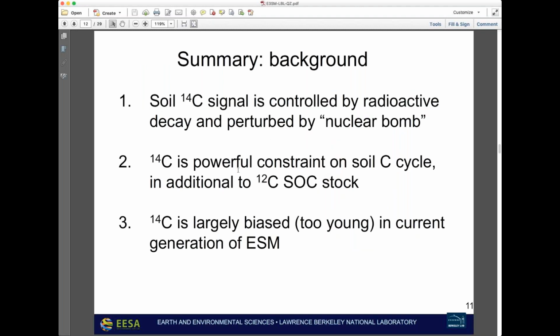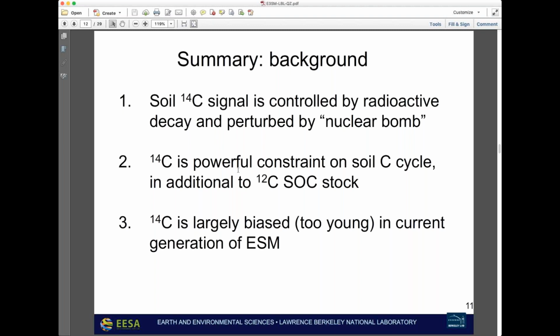So the summary is that the 14C signal is controlled by radioactive decay and also perturbed by the nuclear bomb. If we can take care of both, then it's not a difficult task to physically simulate 14C in a model. In addition, 14C is a very powerful constraint.